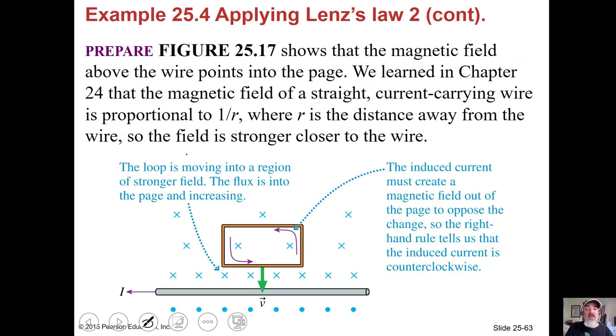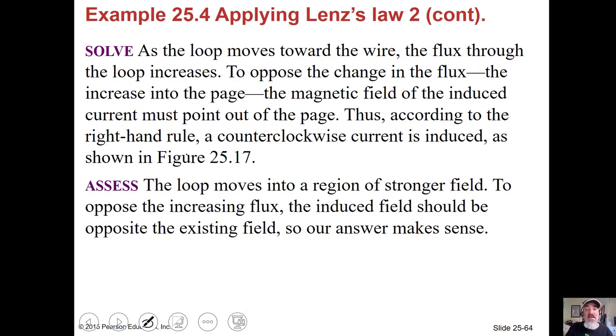Okay, as it says here, this is probably a better explanation of what I've just said. Anyway, as the loop gets closer to the wire, the flux increases. Nature doesn't want it to increase, so its own current is going to flow in such a way to try to kill off that increase. Okay, excellent. So again, that's a synopsis of what I've said.